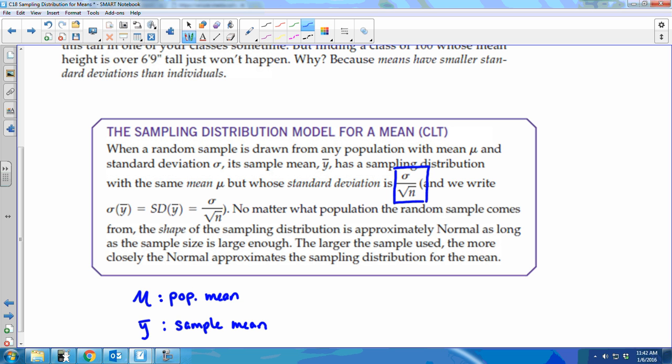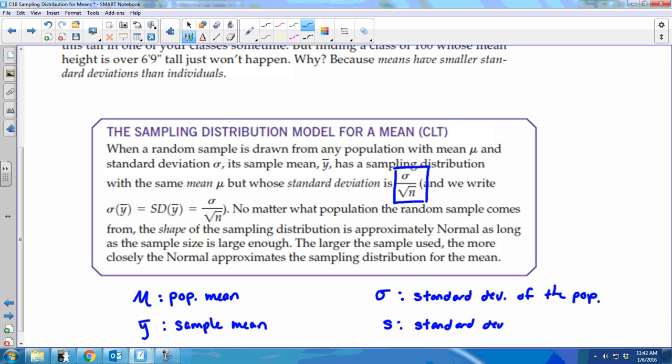With that being said, these problems are going to be given a sigma, which is the standard deviation of the entire population. But if we were talking about our sample, we would be talking about the standard deviation of our sample.